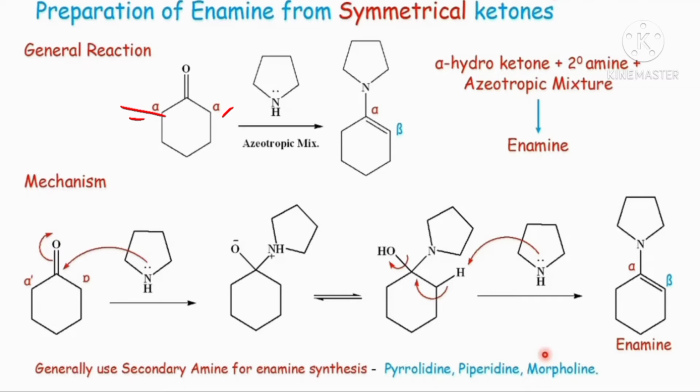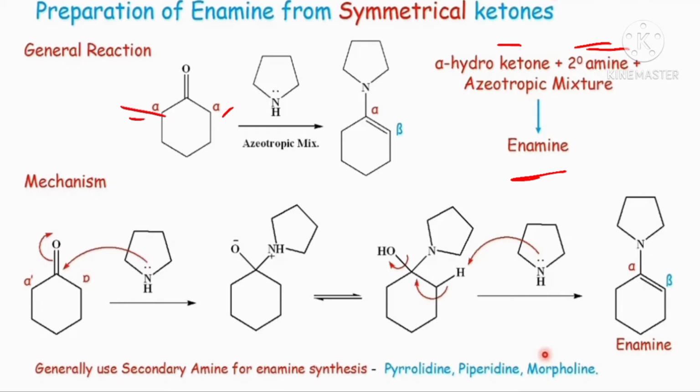Now first we will see the preparation of enamine from symmetrical ketone. First, the ketone reacts with a secondary amine in presence of an azeotropic mixture and here enamine is formed. Here we do not use a tertiary amine for the formation of enamine, because if we use a tertiary amine then a quaternary salt is formed instead of enamine.